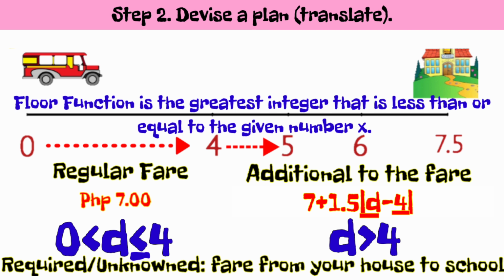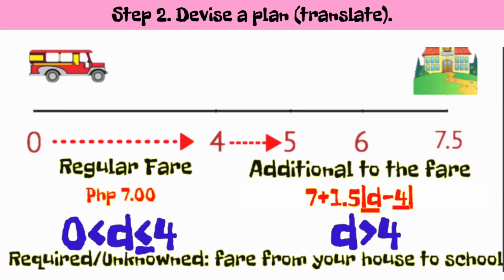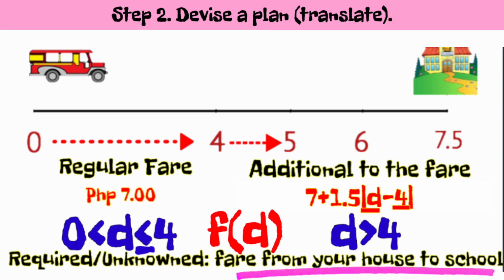So our equation for distance greater than 4 is 7 pesos, that is the regular fare, plus 1 peso and 50 centavos times the distance beyond the regular. So that is the floor of d minus 4. So we have 7 plus 1.5 times the floor of d minus 4. Let us use f of d to represent the fare in terms of the distance d.